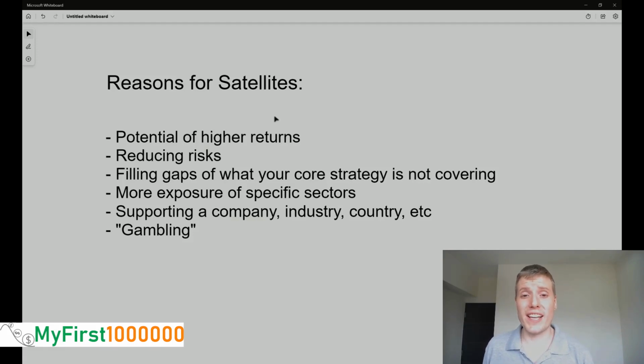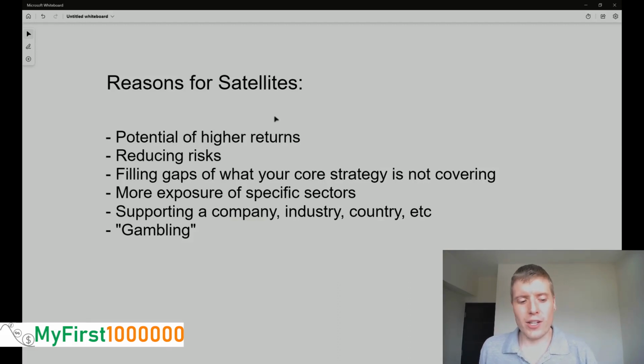However, on the contrary, the stock prices of those companies might be already overvalued. But if you believe in the long-term future of AI and you want to have higher exposure because you believe there's potential there, you could, for instance, put a small portion of your investment portfolio into an AI sector ETF. So that's another reason.